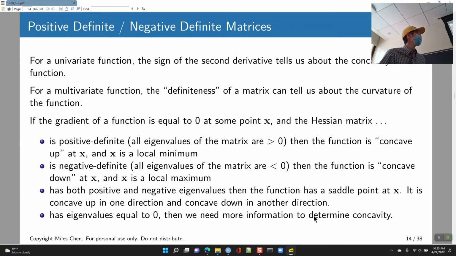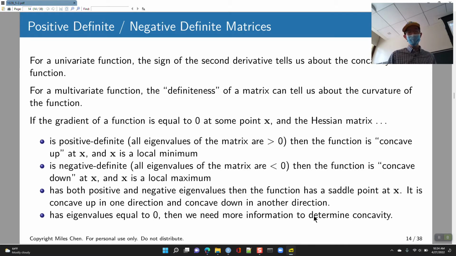All right, so when we look at a univariate function, the sign of the second derivative tells us about the concavity of the function. There's something kind of similar-ish for matrices, but when you talk about the sign of a matrix, it's a little bit different.